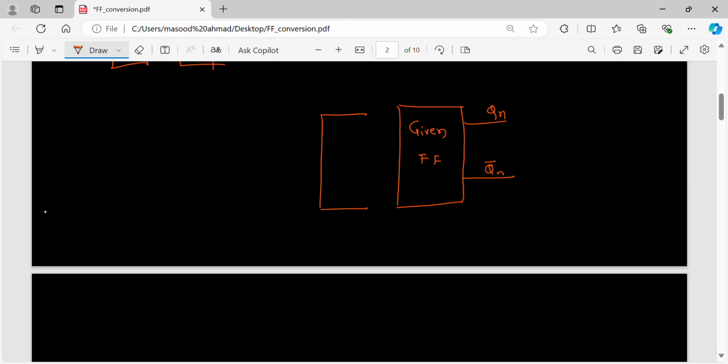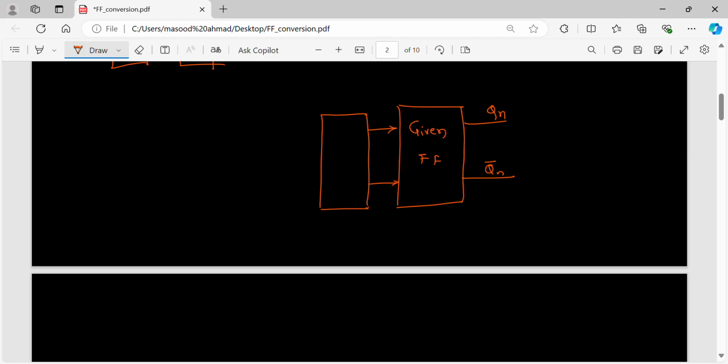Once we know this, the conversion process is very simple. The conversion process will start like this. I'll take up a given flip flop. Some flip flop is given to me. For that given flip flop, I am getting outputs Qn and Qn bar. That's fine. So I have some conversion logic, some combinational circuit that I am going to build in order to convert that circuit.